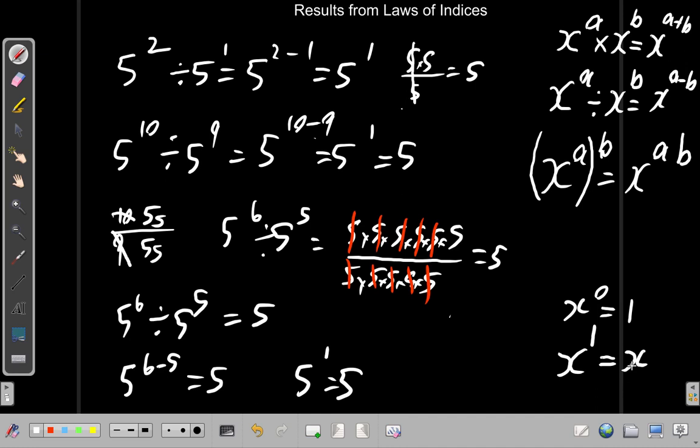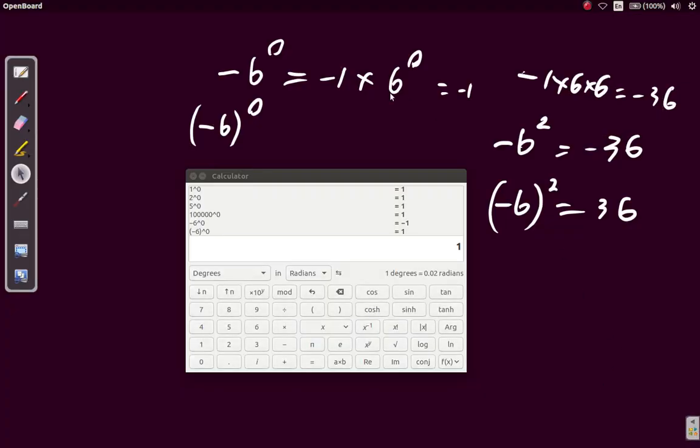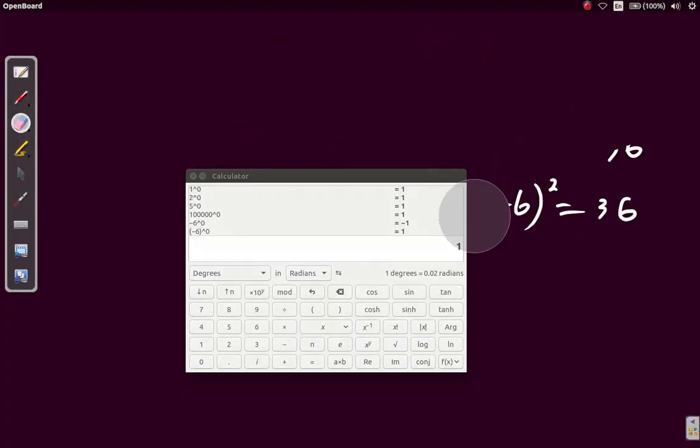So basically, when you raise a number to the index 1, you get back the number itself. Let's try it out on our calculator. Let's erase these things that we wrote before.